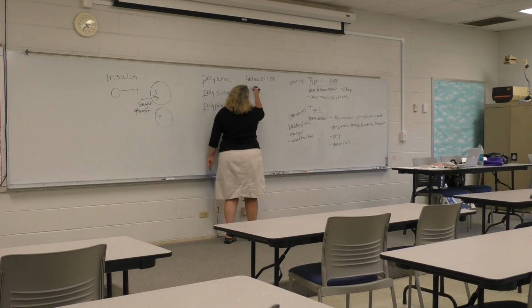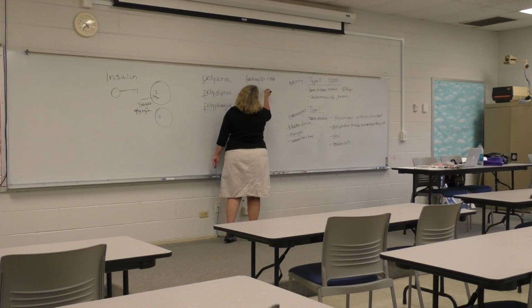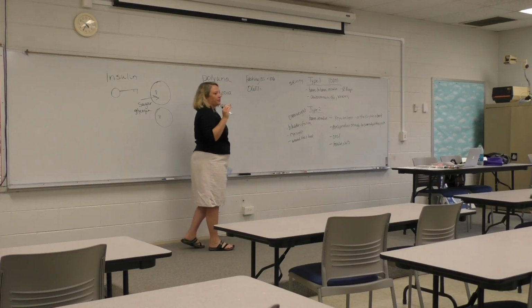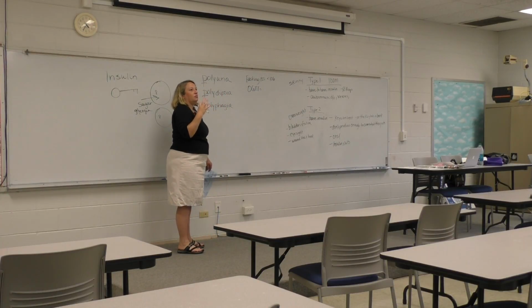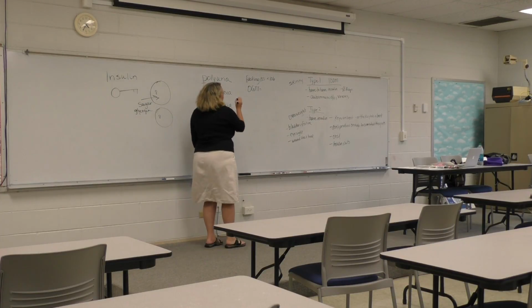They used to do those, and they still do them, the oral glucose tolerance tests. That's where you drink something so syrupy, sugary, sweet. And then they check your blood sugar levels like 3 hours after, and like 6 hours after, something like that. But they've gotten away from doing that also.